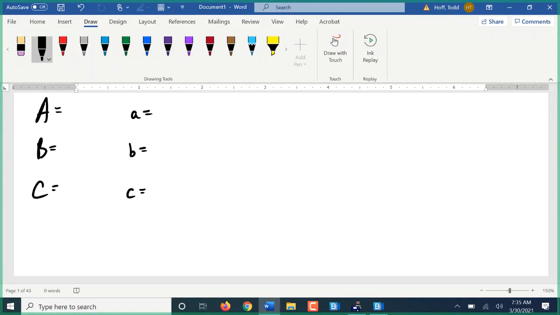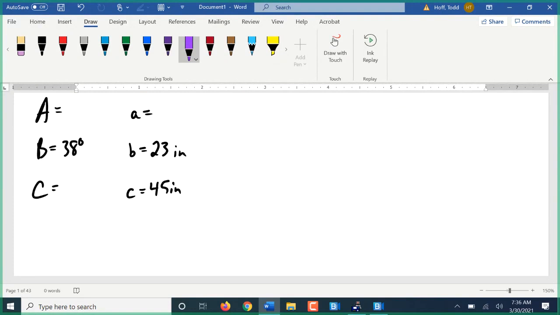So here I'm going to tell you that we have angle B, which is 38 degrees. Side B is 23 inches. And side C, we're going to call this 45 inches.